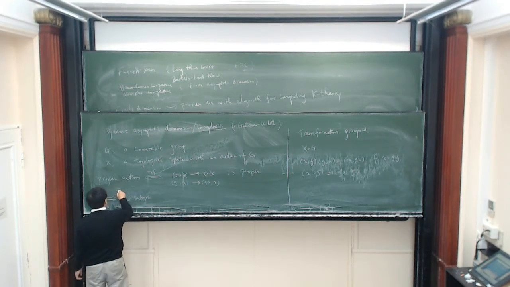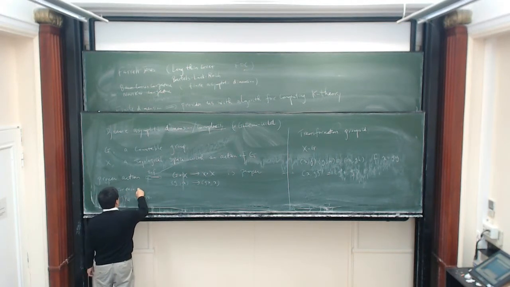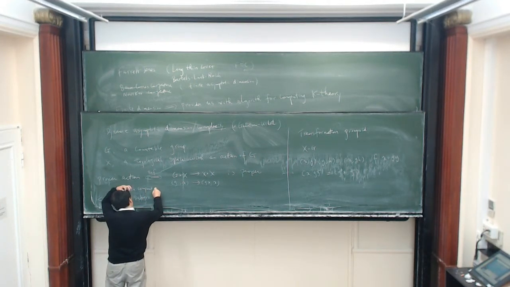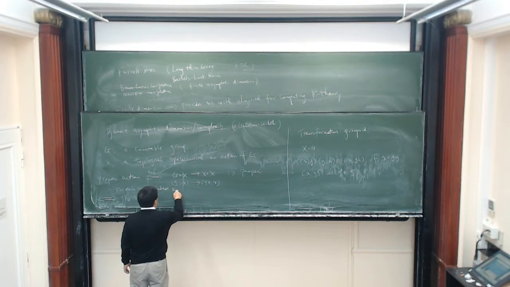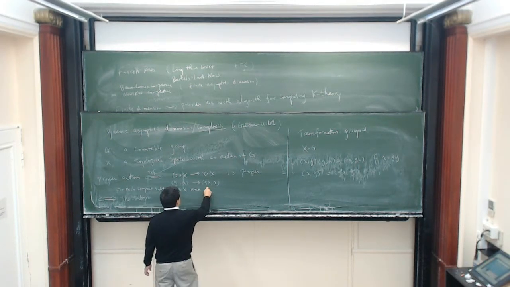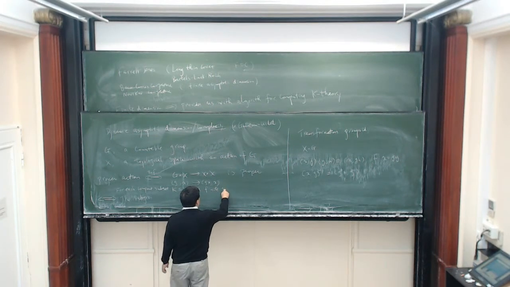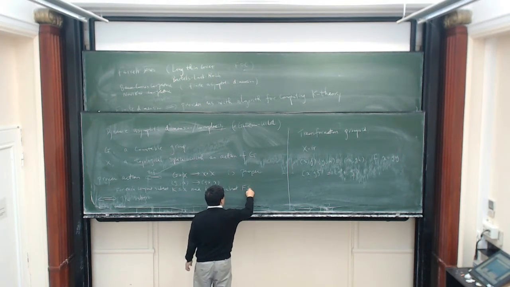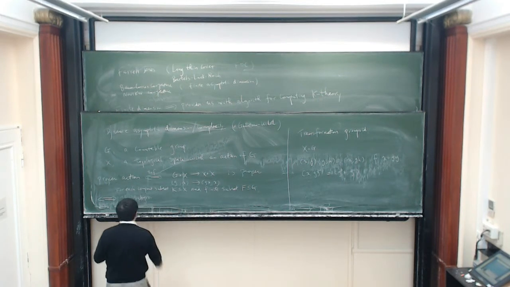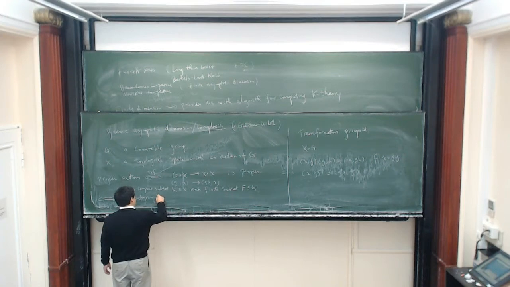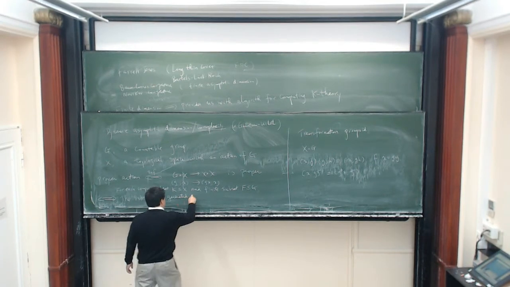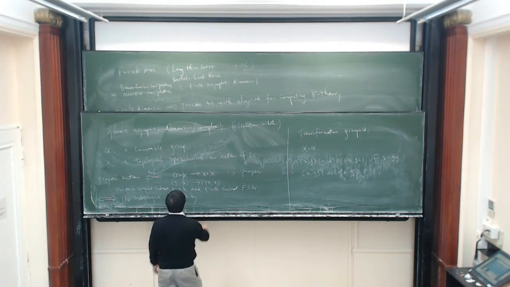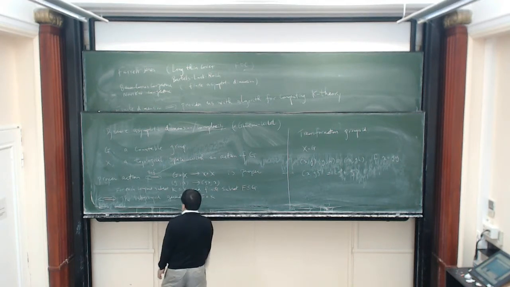So maybe I should say for each compact subset K of X and finite subset F of the group, the subgroupoid generated by F plus K. Let me explain what this means.